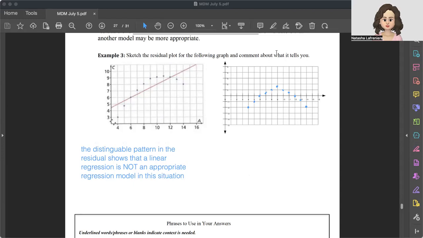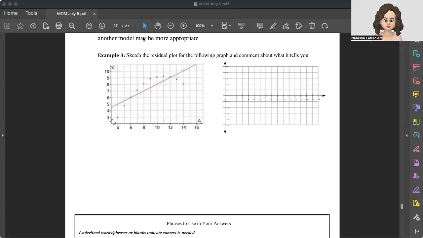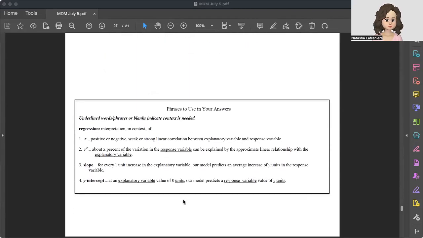So I'm going to clear this. Here you've got phrases to use in your answers. Regression means your interpretation in context of your predicted. Your R is your positive or negative, weak or strong linear correlation between explanatory variable and response variable.